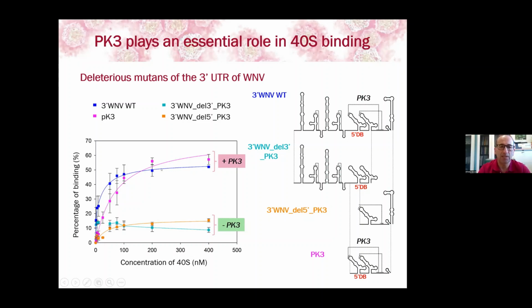And as you can see in this figure, only the wild type and this fragment, those constructs that support the formation of the pseudoknot, can bind or recruit the 40S ribosomal subunit, whereas constructs where the formation of the pseudoknot is not possible cannot bind the ribosome.